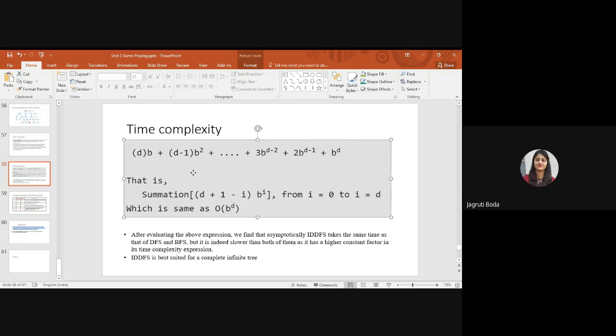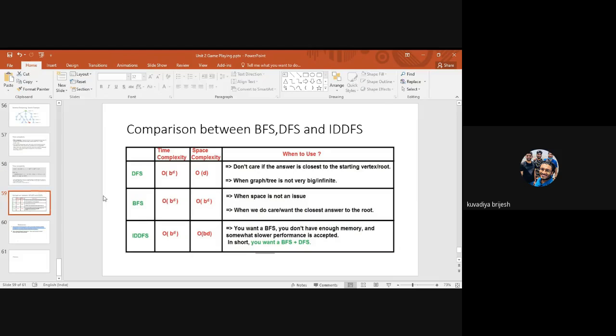So when we write b raised to d, it is just a summation of all the nodes having different branches. It is not general purpose; we have to calculate it for every node, so it is like a long equation. We just write it in short only.